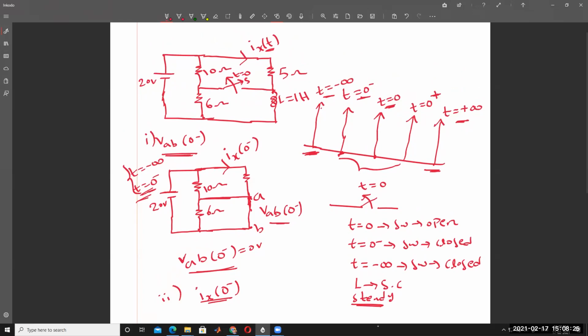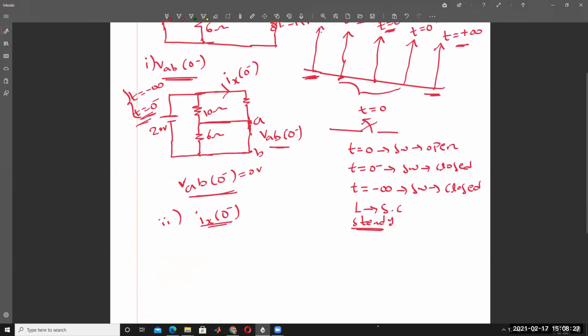So here is one of the main concepts. Here this wire and this connection are short circuited. So this means the 6 ohm resistor is short circuited by one wire. That's why what is the current flowing through the 6 ohm resistor? 0, because of this short circuit.